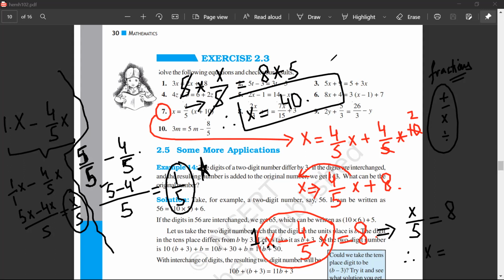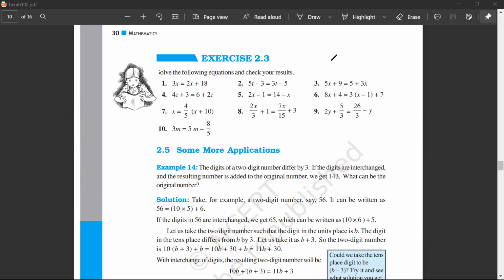So please try to understand again how algebraic fractions are subtracted. So for example, let us take a simple example. Let us say I have 8 by 3x and 2 by 3x.